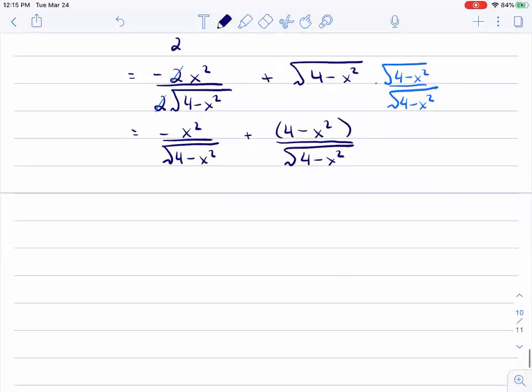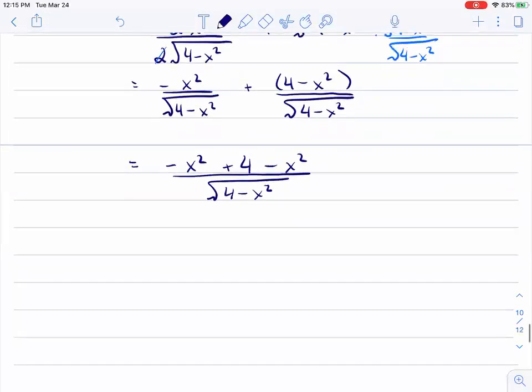Now I've got that common denominator. Negative x squared minus x squared is negative 2x squared, so I get 4 minus 2x squared over the root of 4 minus x squared.